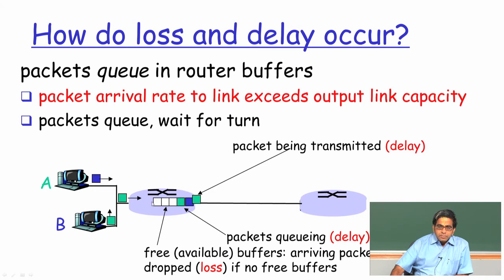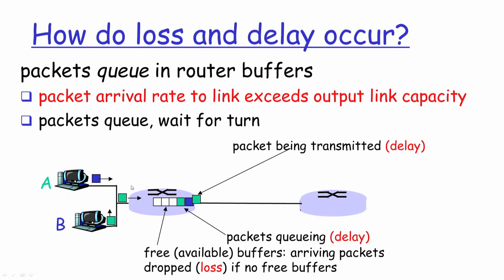Now, when I do not have many free buffers available in my router device. Why will I not have free space available in my router device? Because I had originally allocated a certain amount of memory as my buffer.